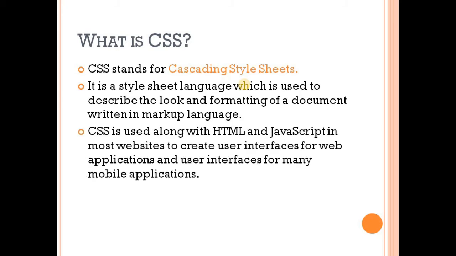CSS is used along with HTML and JavaScript in most websites to create user interfaces for web applications and also for many mobile applications. So whenever we are making websites, these three languages are most useful, and required also: HTML, CSS and JavaScript.